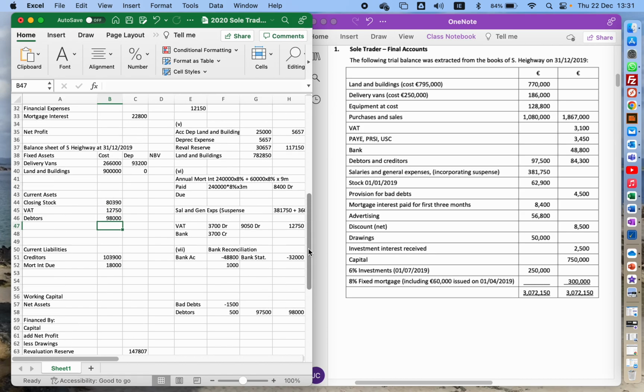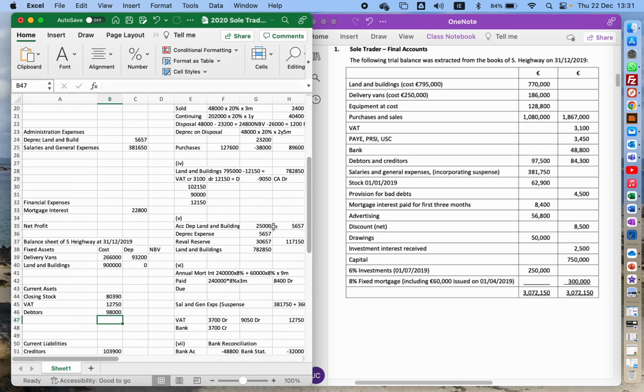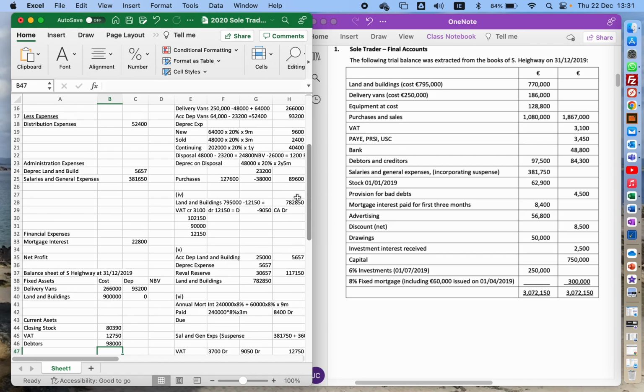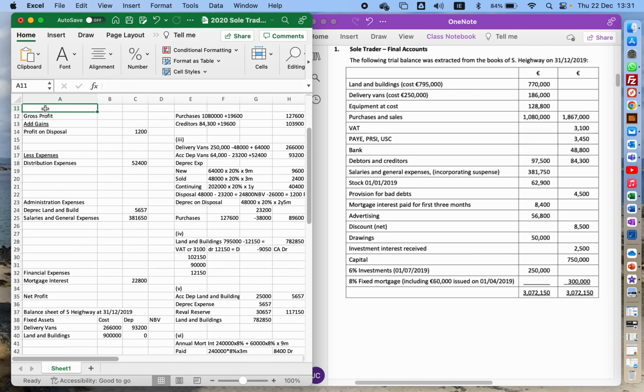So that's an add gain. So I'll put that up here in my gains. So obviously when we have a bad debt, that would be a distribution expense, okay? And sorry, that distribution expense is just down there.